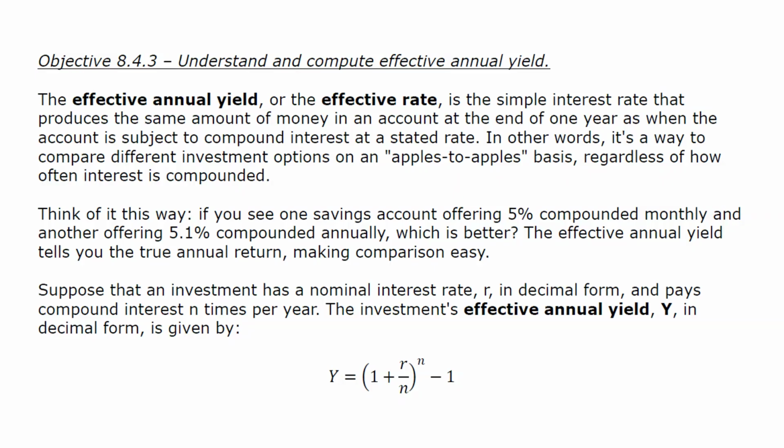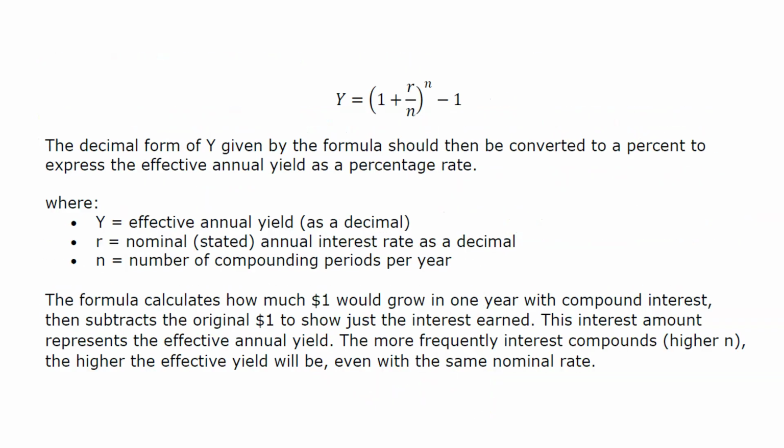So suppose that an investment has a nominal interest rate R in decimal form and pays compound interest N times per year. The investment's effective annual yield, Y, in decimal form, is given by the following formula. Y equals the quantity 1 plus R divided by N raised to the power N, all minus 1.